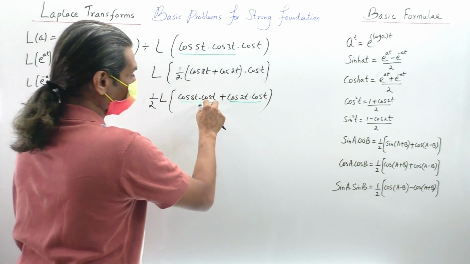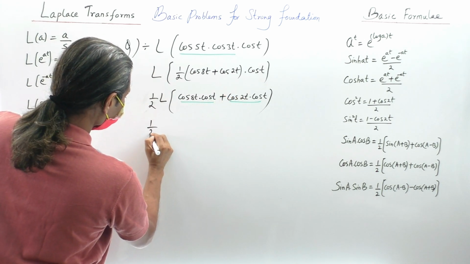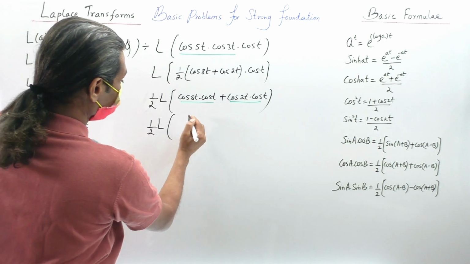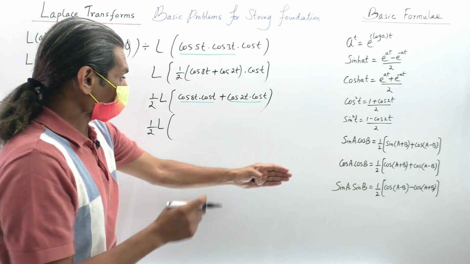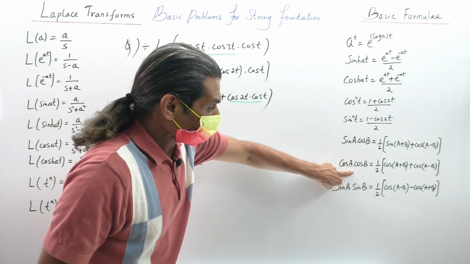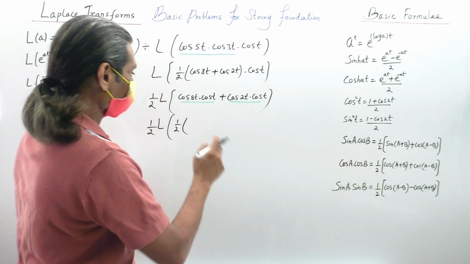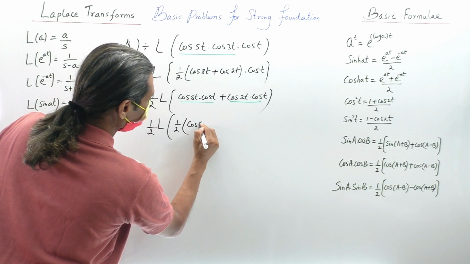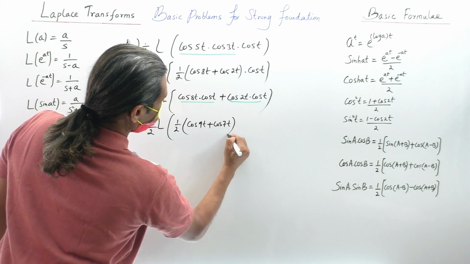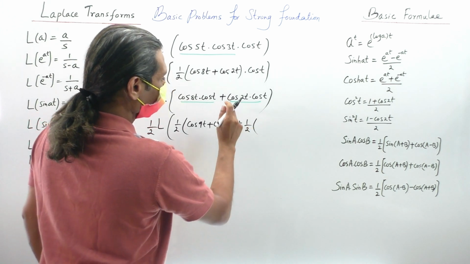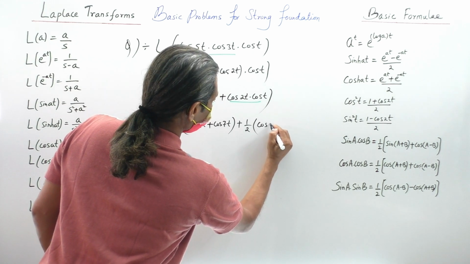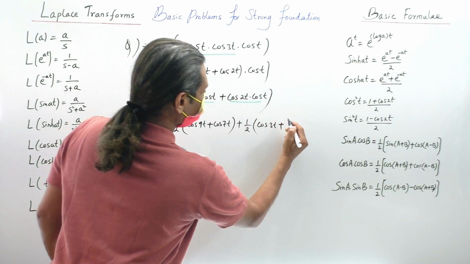So a is 8t, b is t. So cos of 8t plus t is cos of 9t, 8t minus t is cos of 7t, plus half of, again cos a into cos b, cos of 2t plus t is 3t, plus cos of 2t minus t is cos t.